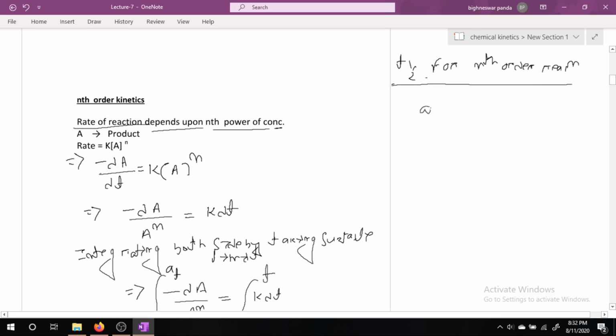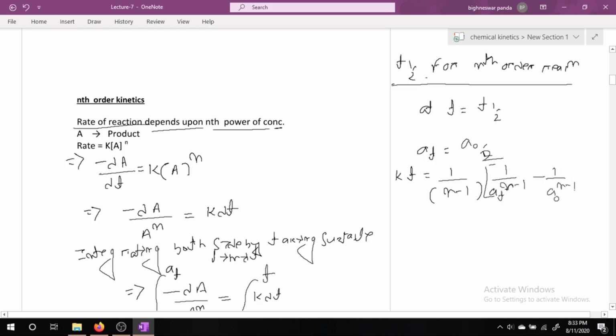At t equal to t half, we have At equal to A naught by 2, and for nth order kinetics Kt is equal to 1 by n minus 1 into 1 by At power n minus 1 minus 1 by A naught power n minus 1.